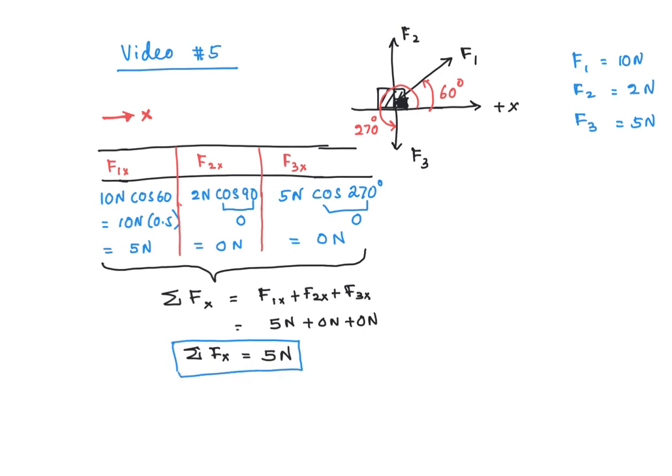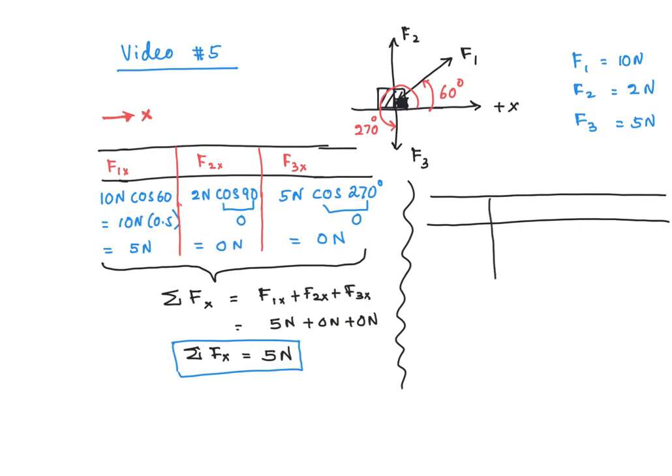As I mentioned in the class, once you set up the x table, setting up the y is pretty easy. All you have to do, again I repeat, when you have all the angles measured with respect to the positive x-axis in the counterclockwise direction, this is pretty straightforward, and this is my y-axis, and I'm going to have F1 along the y direction, F2 along the y direction, and F3 along the y direction.